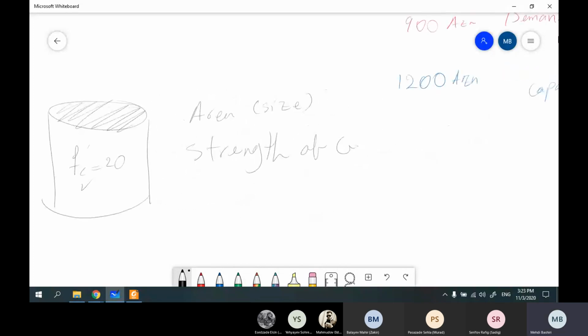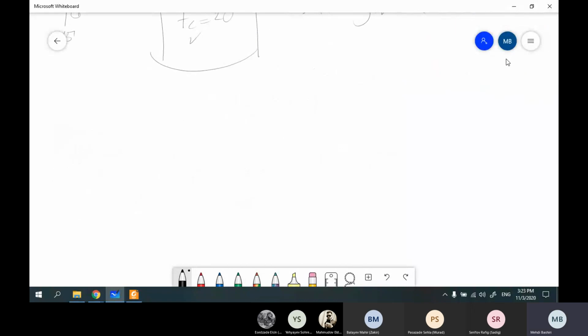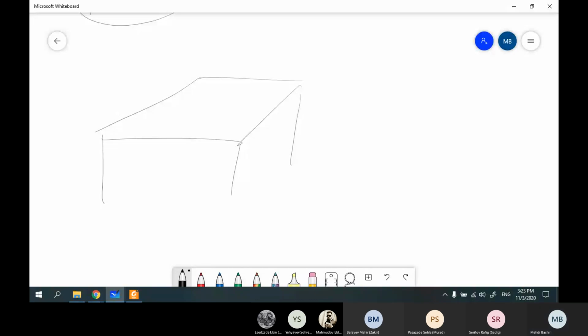And what is your demand? For example, you want to design a building. This is just an ordinary house, and this one is a football stadium.